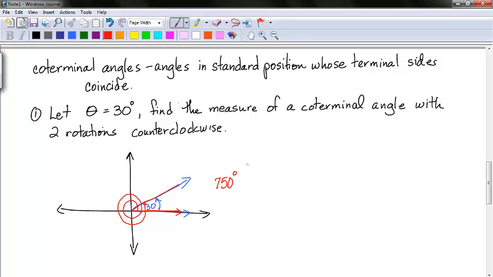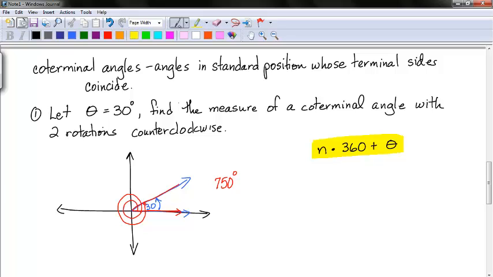So you can do it by picture, or you can do it by formula. Here's the formula: n times 360 plus theta. That's the main formula for figuring your coterminal. n stands for the number of rotations. If you're going counterclockwise, going up, it's positive.